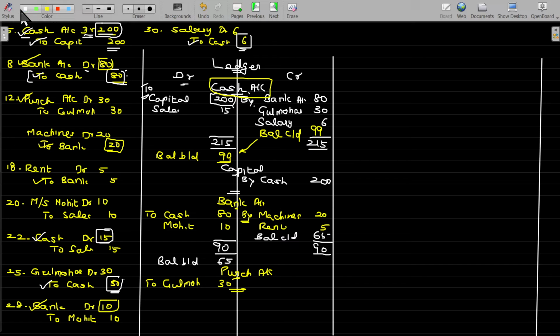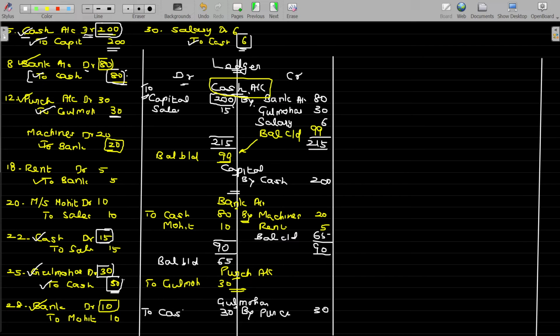And now we'll go for Gulmohar. So I opened the Gulmohar account here. In Gulmohar the value is 30, which is in the credit side, named as by purchases. And on the 25th also we have Gulmohar. The value is in the debit side. Put that value in the debit side, 30, to cash.